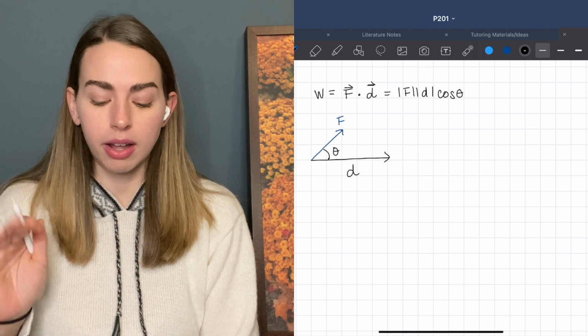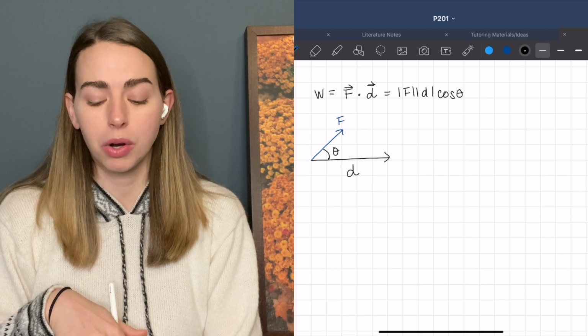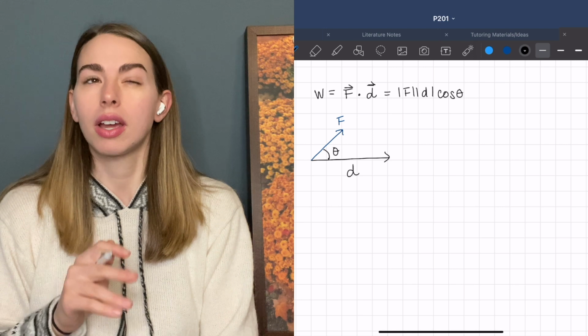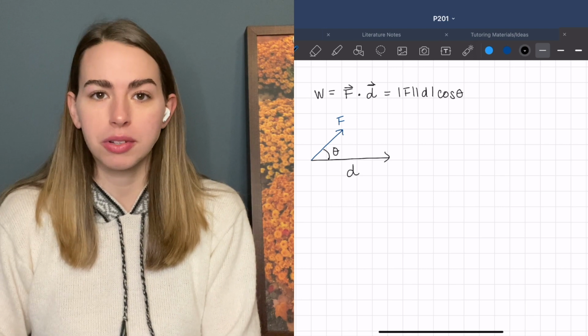Now, there's two other ways that we can think about writing this work equation and thinking about the dot product instead of this kind of pure math form. There's nothing wrong with it. It's absolutely correct.